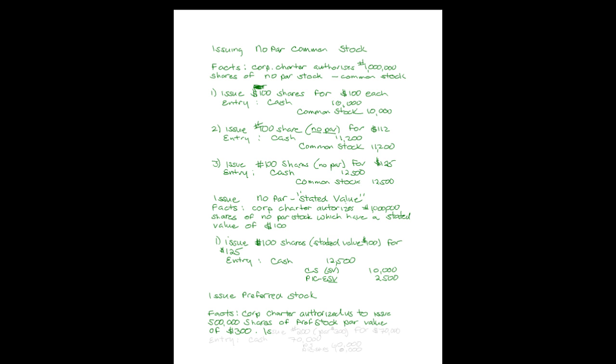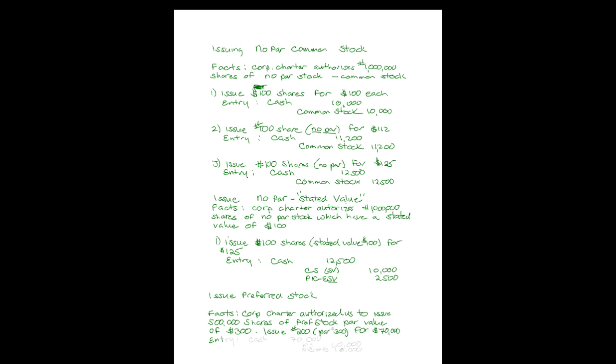Let's say we issue 200 shares of our par value stock, which has a par value of 300, and that we issue this for a total of $70,000. Wow, I didn't give you the price per share now. I just gave you the cash. What can you do with that?